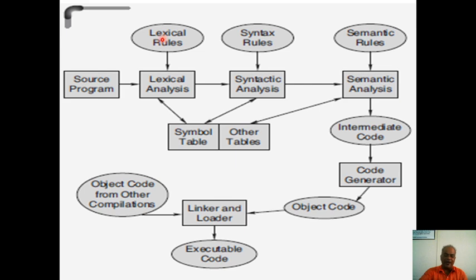So after dividing the program statements into the small lexical items, then it constructs the symbol table for each identifier and finds the internal representation of each constant. So what is the role of this?